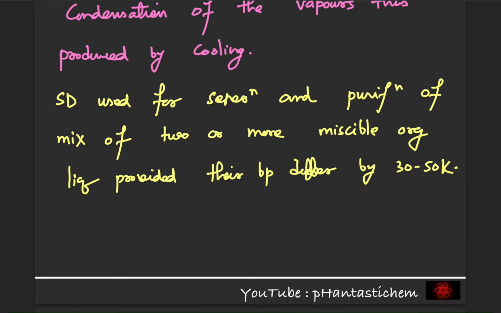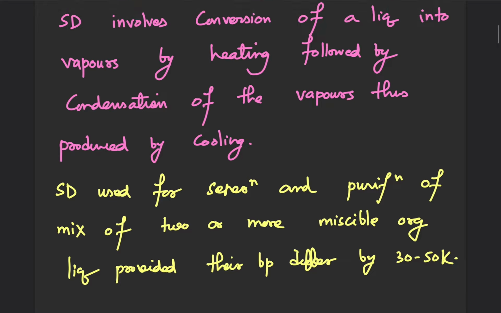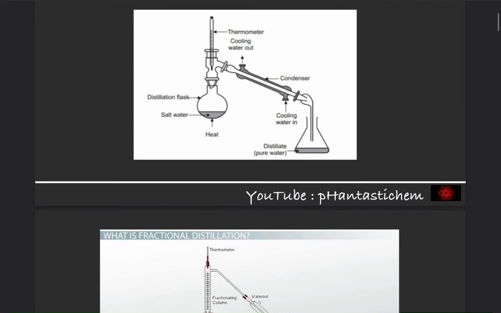Okay. At the boiling point of the more volatile liquid, that is the one having low boiling point of the mixture, vapors exclusively consist of more volatile liquid. Okay. To understand this, let's see an example. So let's say I have hexane and toluene in the flask.